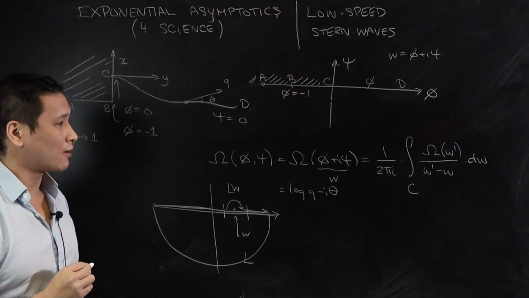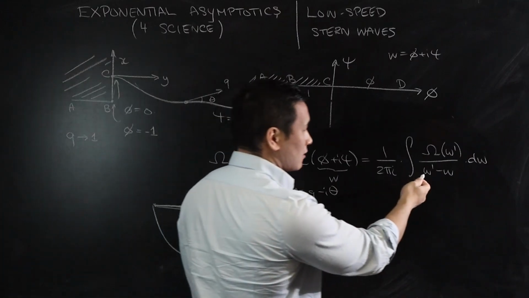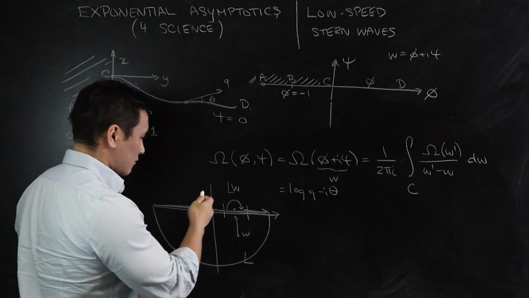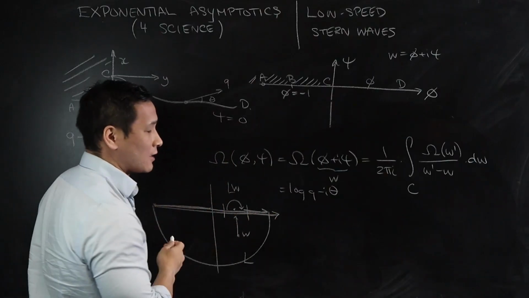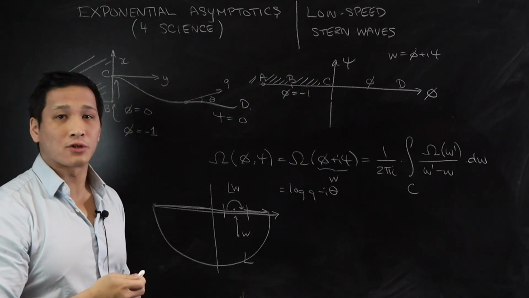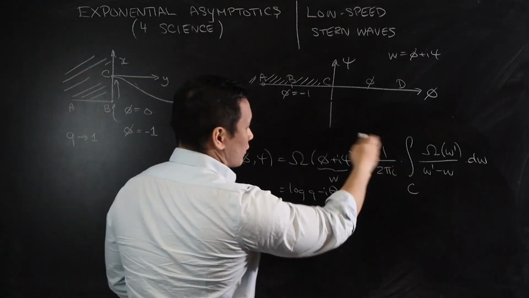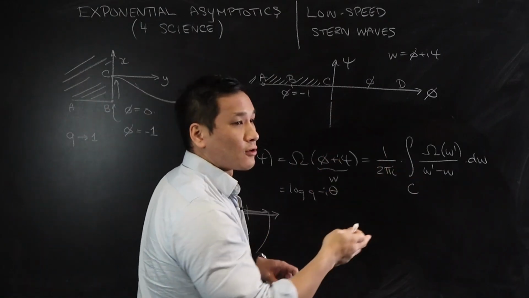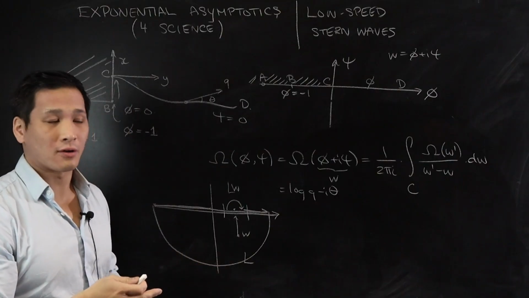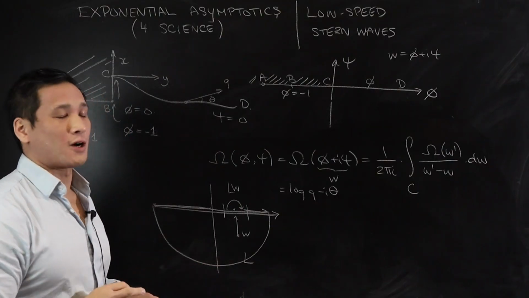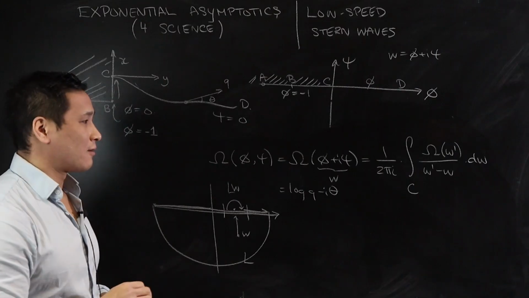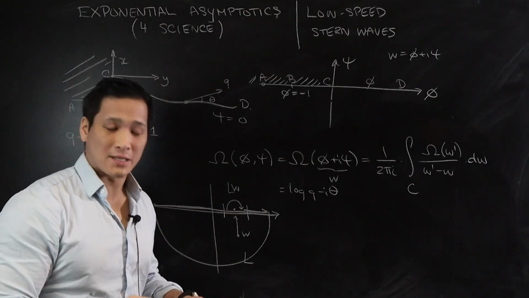So this integral will split into the integral that goes from minus infinity to a point and that point to infinity, plus a residue contribution. Then when you move the residue contribution to the other side, you can take the real part and the imaginary part of the resultant set of equations. I'll write down the final set of equations that you're going to get, but that's the basic idea.